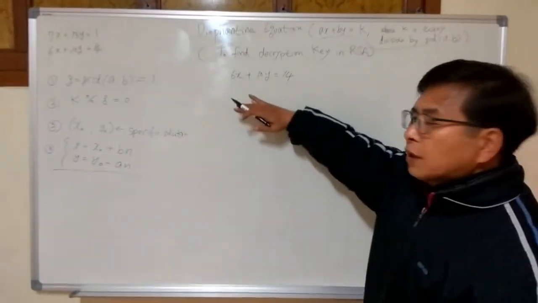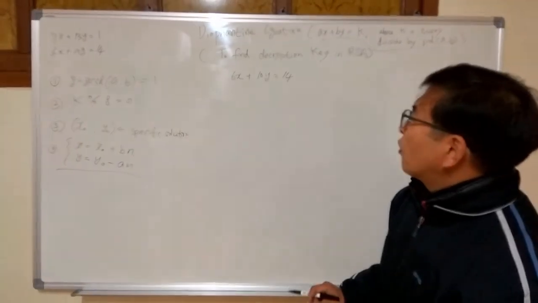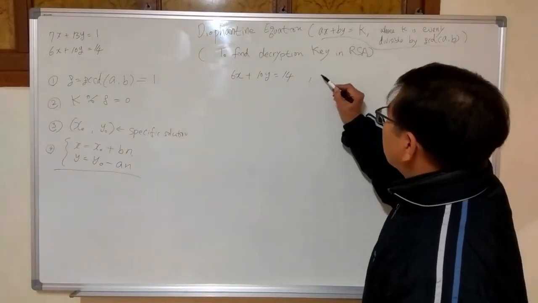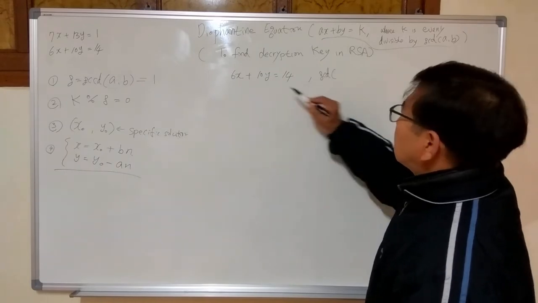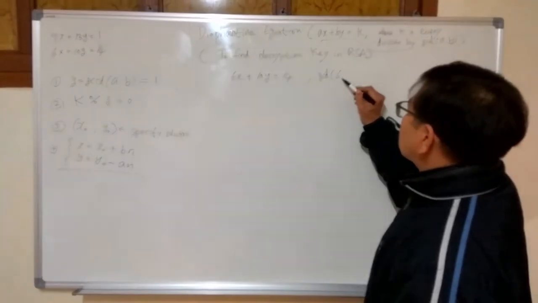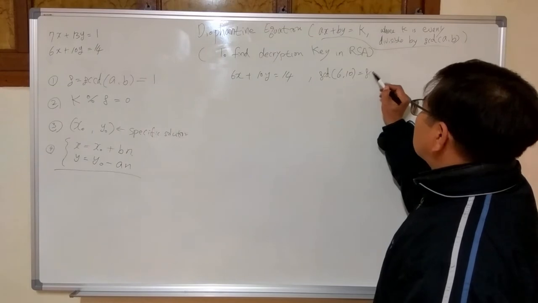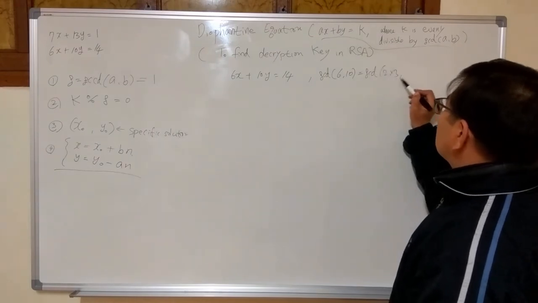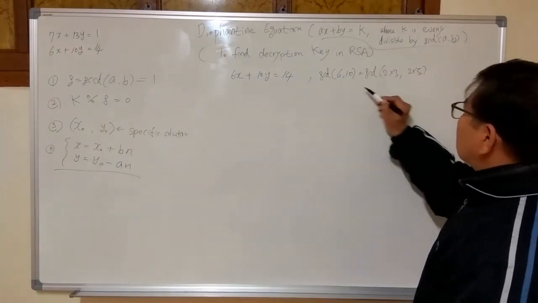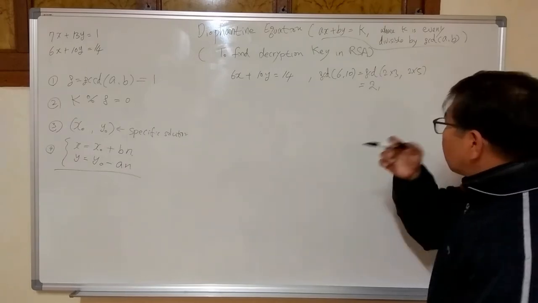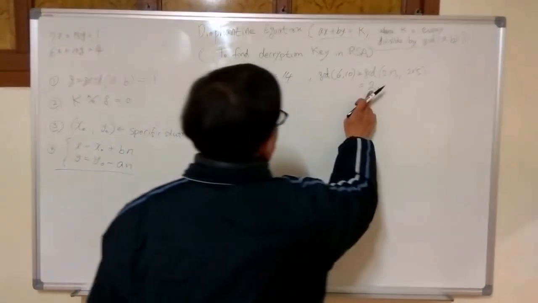Now we are solving this equation. This equation is a little bit more complex. First, we get the GCD of 6 and 10. 6 and 10 give 2 times 3, 2 times 5, and the GCD is 2. So 14 is divisible by 2.